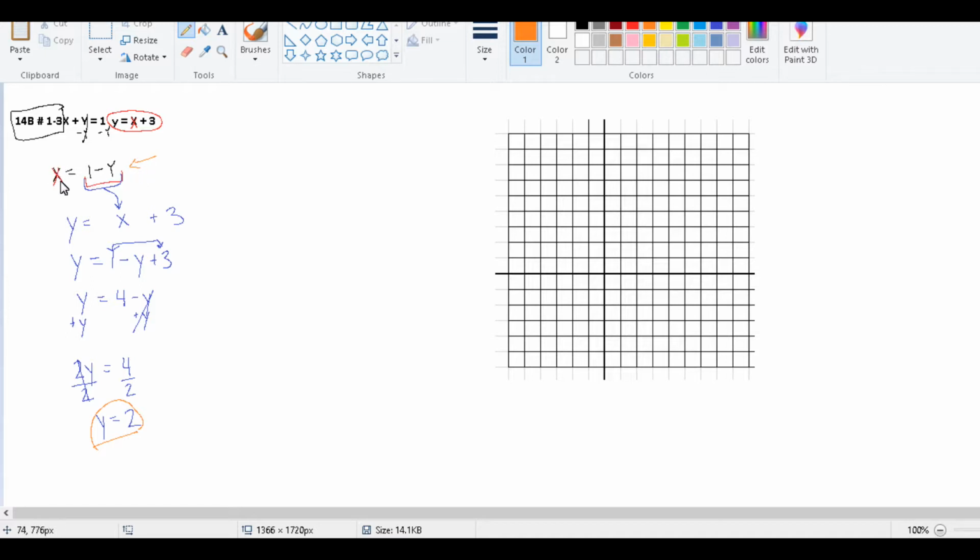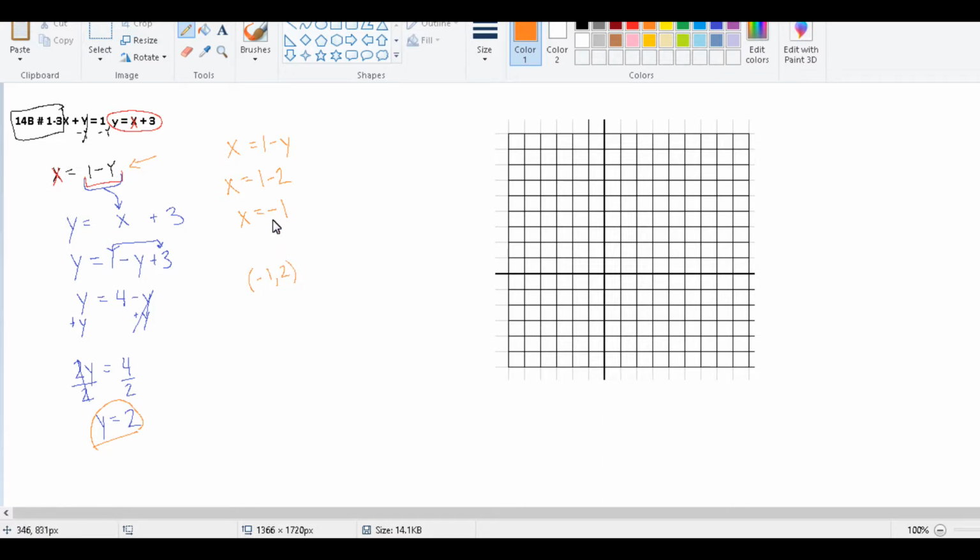So we won't have to move anything around on the other side of the equation. So if I use this one, x is equal to 1 minus y. I'm going to say y is equal to 2, so x is equal to 1 minus 2. 1 minus 2 is the same thing as negative 1, so x is equal to negative 1. And we're done. This is my x, this is my y.